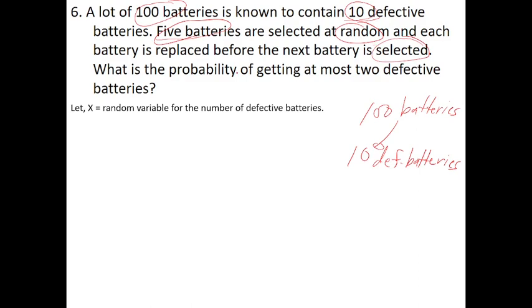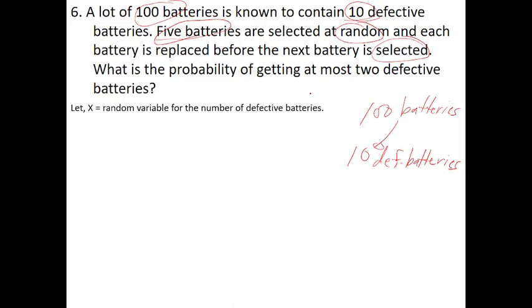So therefore, na-maintain yung probability na magsiselect tayo ng isang battery. Na-maintain kasi nire-replace no? So therefore, kung na-maintain, pwede siyang maging binomial random variable yung ating number of defective batteries.